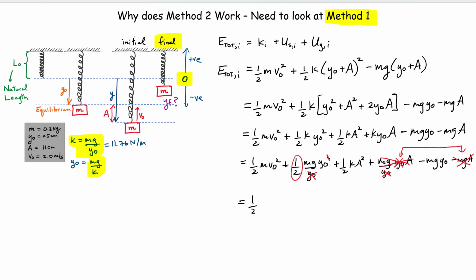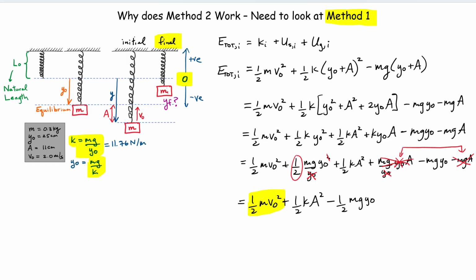So at the end, this is what you're left with: that initial kinetic energy. You get some spring potential energy that's like this, and then here you get minus 1/2 mgy0. But have a look at this term. The first term is kinetic energy. There's nothing you can do to simplify that.